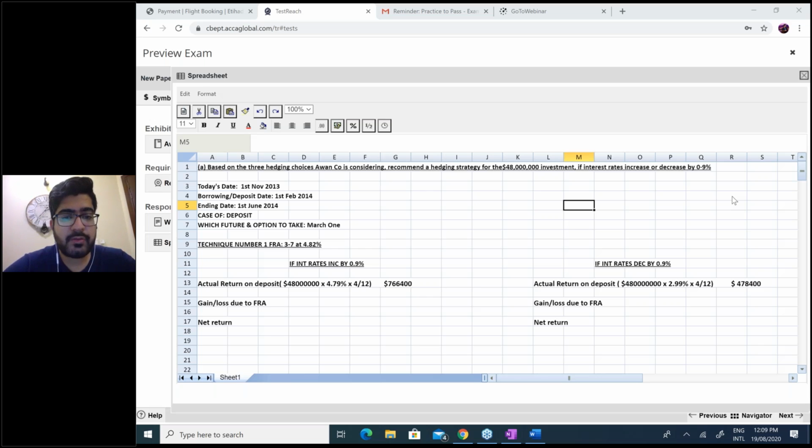You are doing the case if interest rates decrease by 0.9. So your investing rate is 4.09 interbank less 20 basis points 0.2, 3.89. If it increases by 0.9, add it, it becomes 4.79. If it's decreased by 0.9, 3.89 is the investing rate less 0.9%, it's 2.9.